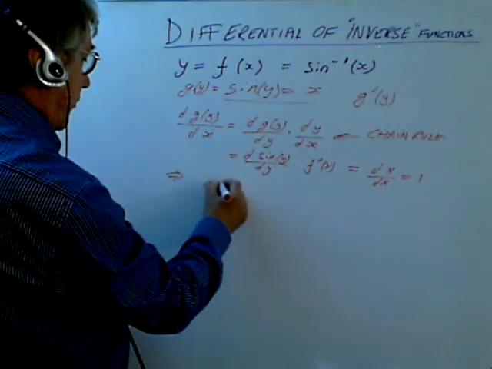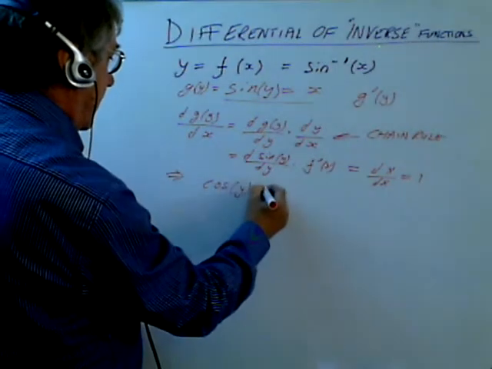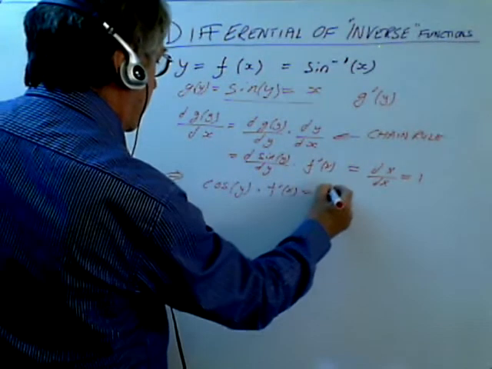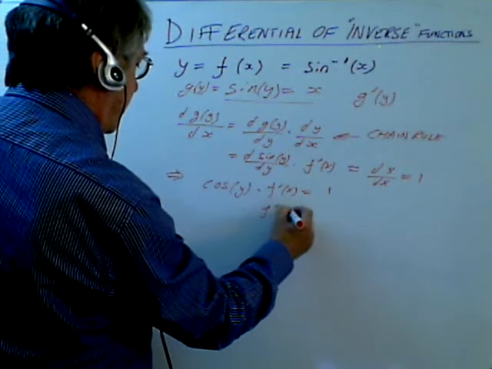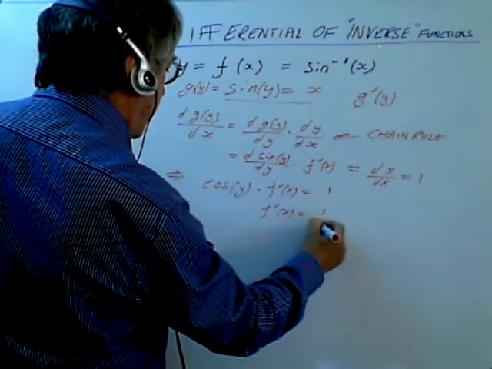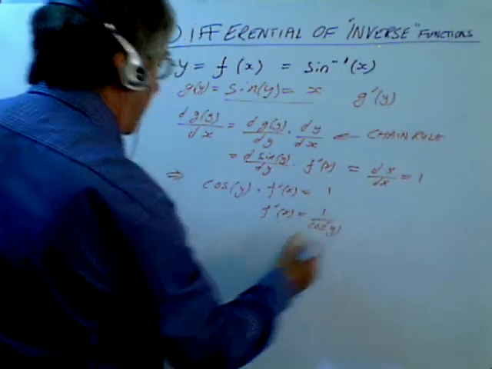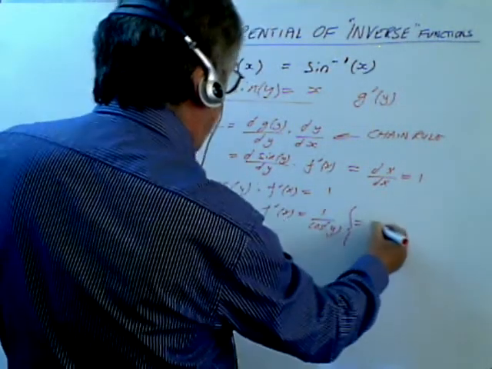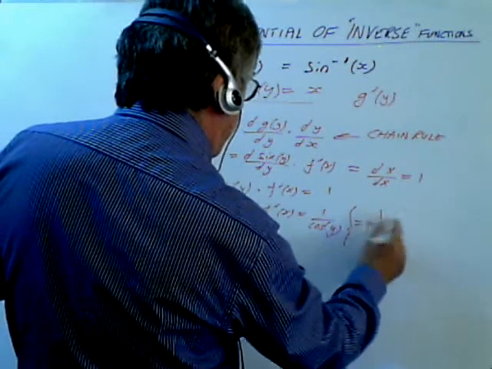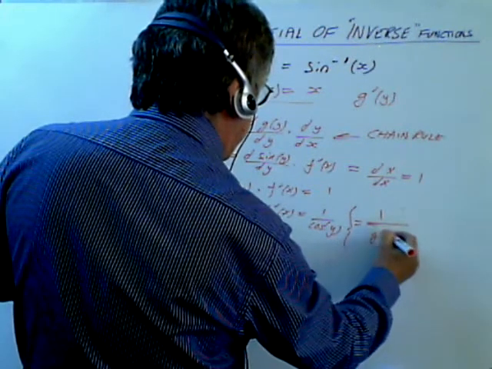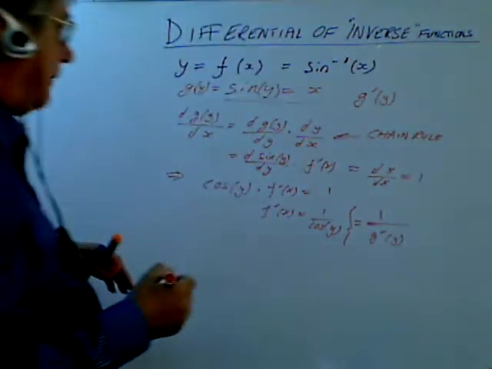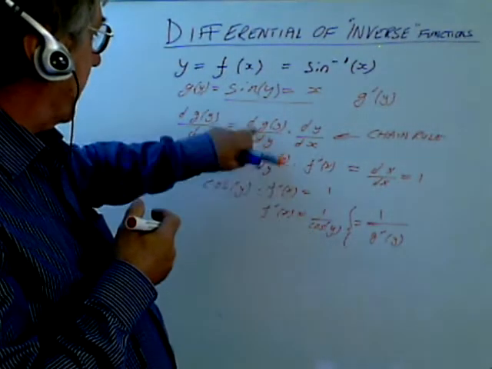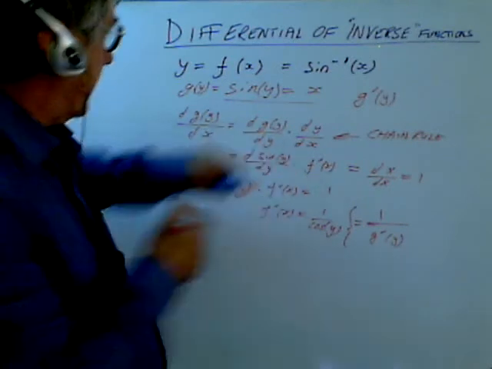So d sine y, of course, is just cosine y multiplied by f dash of x, which is equal to 1. So f dash of x is just equal to 1 over cosine y, or is equal to 1, the reciprocal of g dash y, because cos y is this thing here.